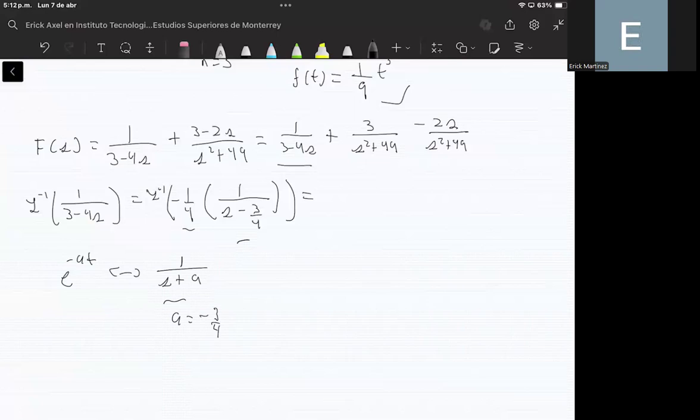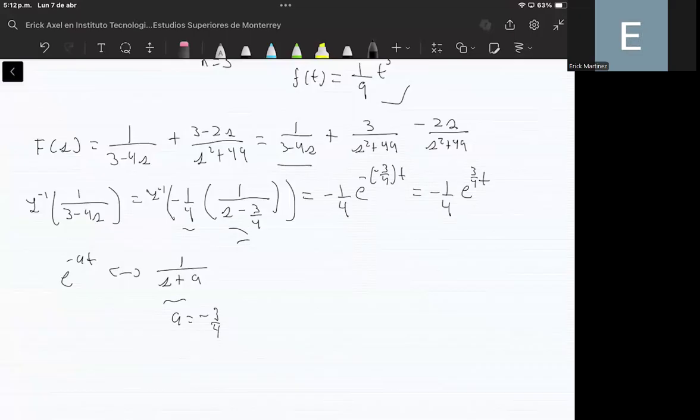We can consider that out of the inverse Laplace transform. And we can obtain the following. We have 1 over 4 minus 1 over 4 times the inverse Laplace transform of this function. But we know that the inverse Laplace transform should be equal to e elevated to the minus a times t. But in this case, a is equal to minus 3 over 4. And this is equal to minus 1 over 4 times e elevated to the 3 over 4 times t.